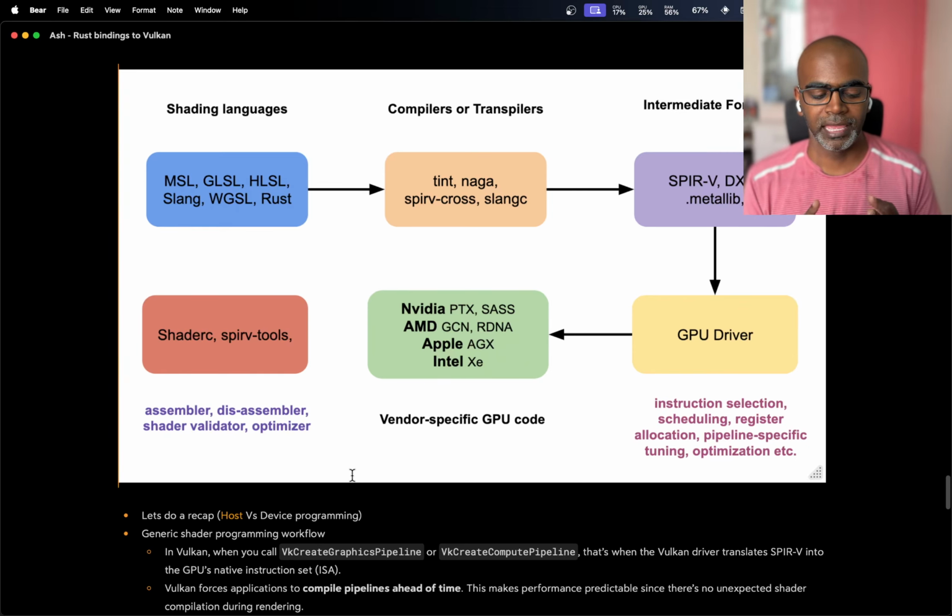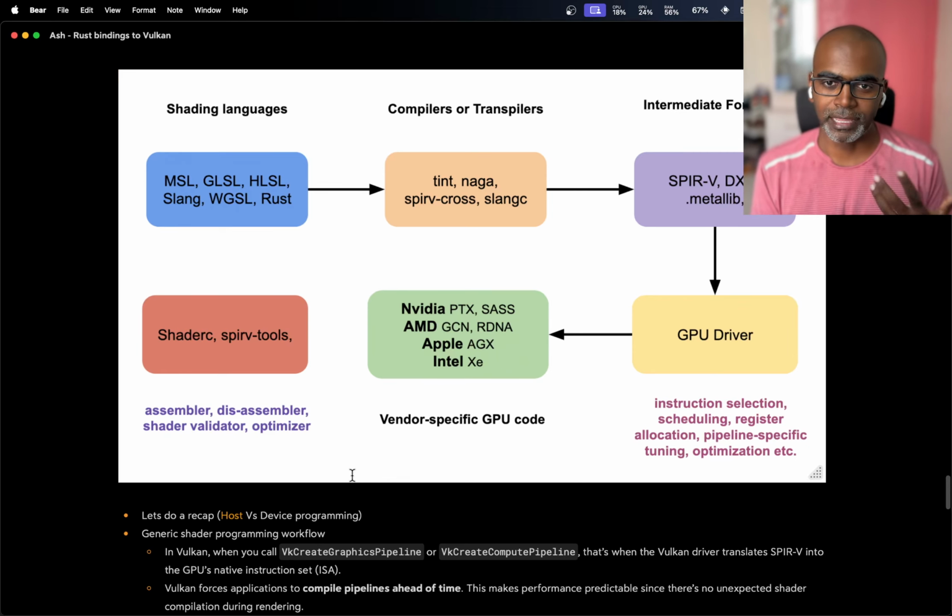PyTorch and TensorFlow have their own ways of directly accessing GPUs, etc. We'll talk about how they work, including the new language called Mojo. I haven't really written any GPU code in Mojo because I don't know how to, but it follows a similar principle. I want to contrast that with this. All right, this is the regular workflow.